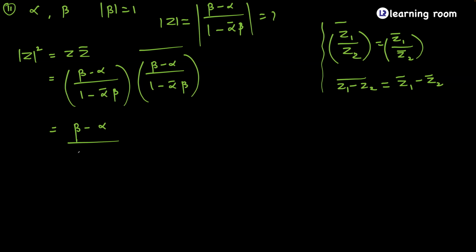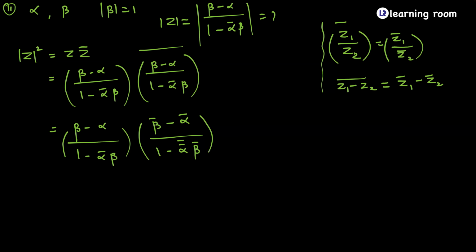Beta minus alpha divided by 1 minus alpha conjugate into beta into this one can be written as beta conjugate minus alpha conjugate divided by 1 conjugate is 1 only. 1 minus of alpha conjugate's conjugate into beta conjugate. Am I clear till this?